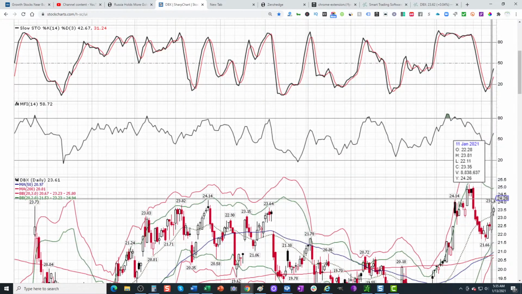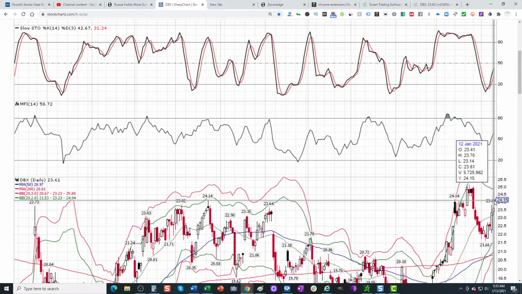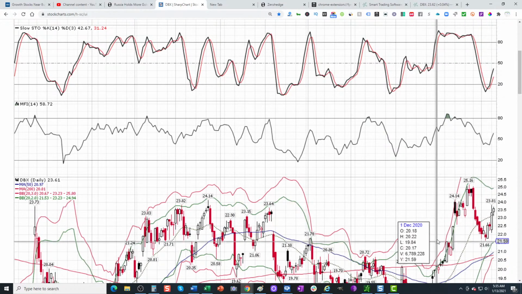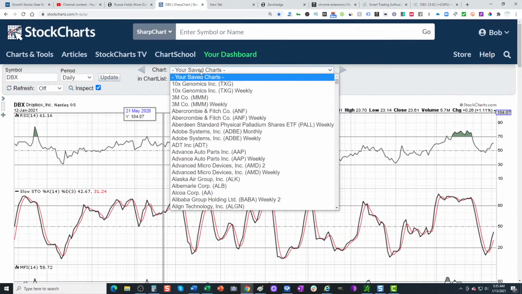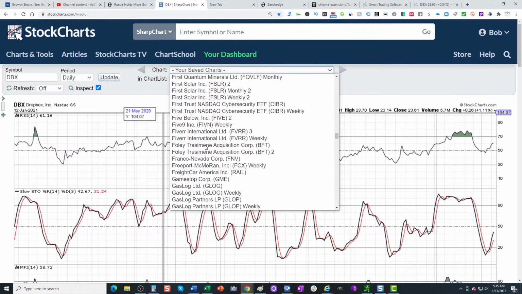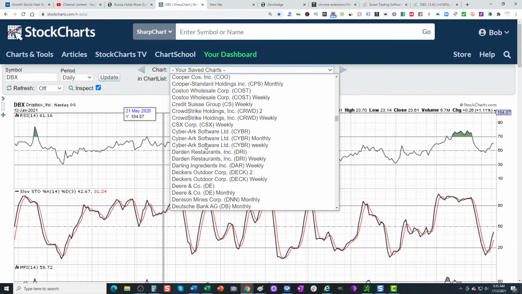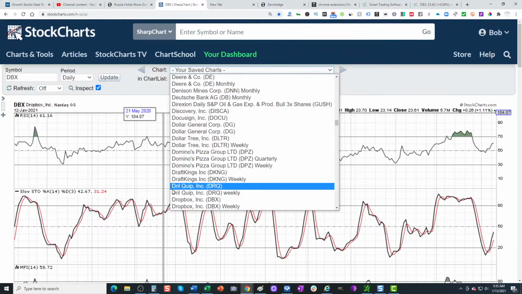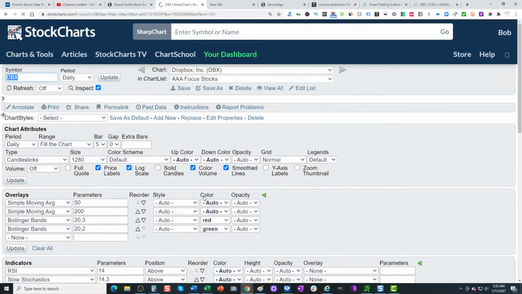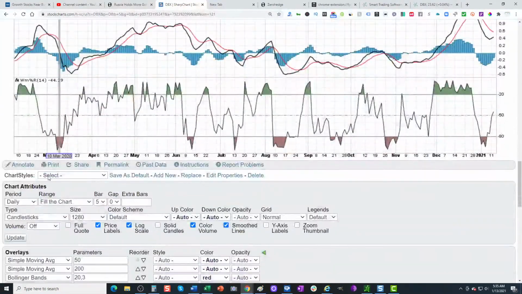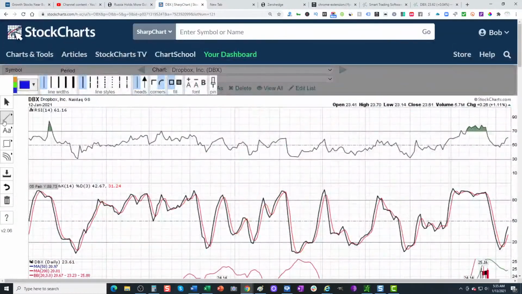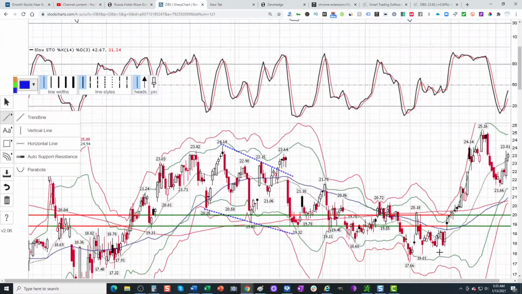I'd like to see a pullback, an orderly pullback and a higher low. I want to be able to draw my trend line. Do I have it saved? Yeah, I do. Good. I want to be able to draw my trend line and play connect the dots.